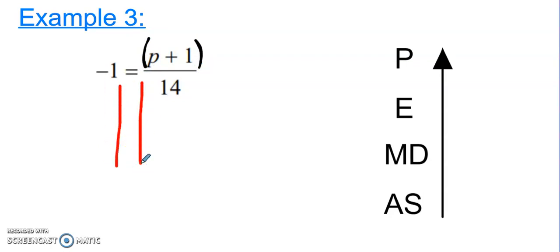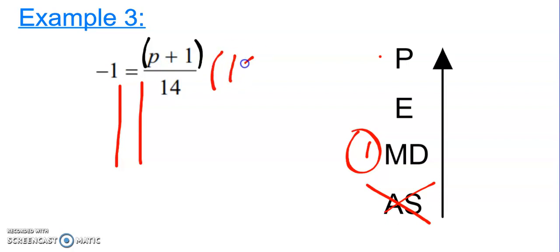So parentheses comes last. So in this case, there is no adding and subtracting. That adding and subtracting is inside the parentheses. So we have to start with multiplication or division. So what's the opposite of divide by 14?